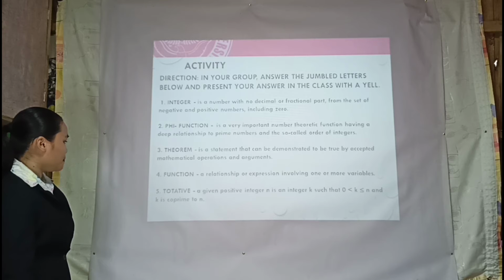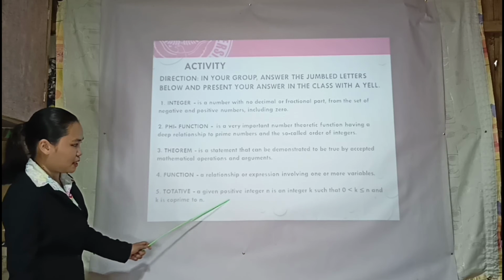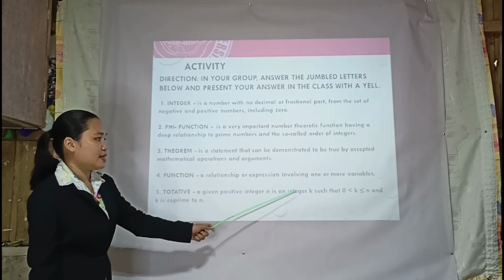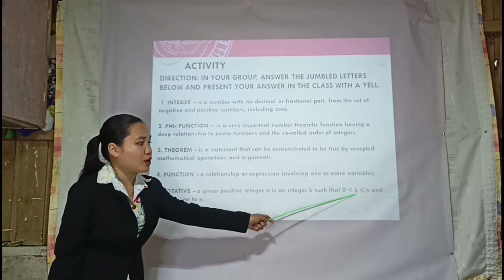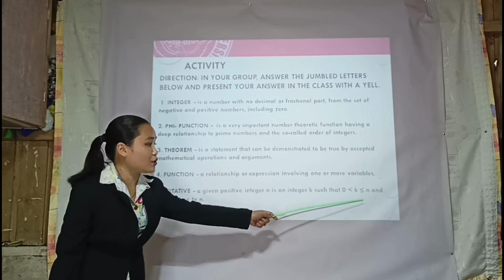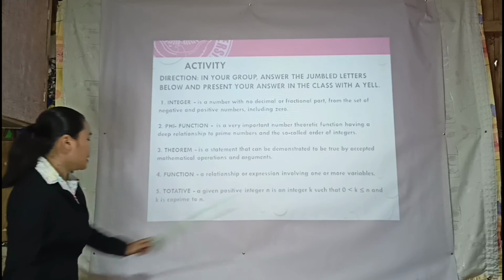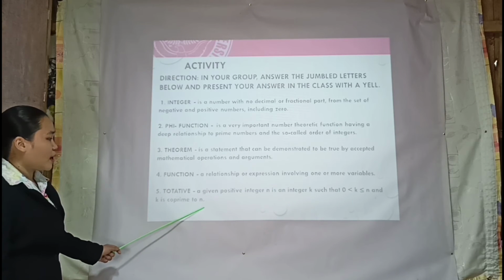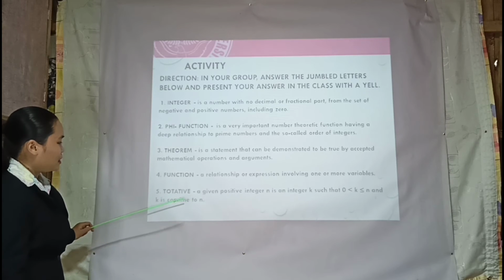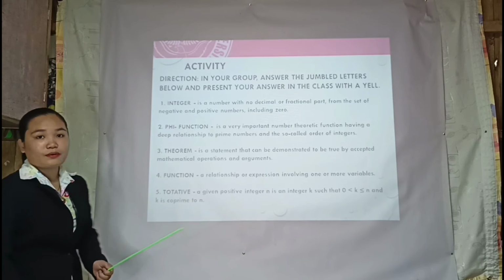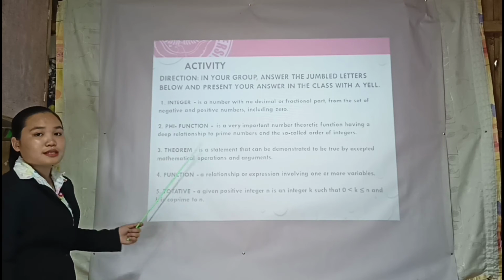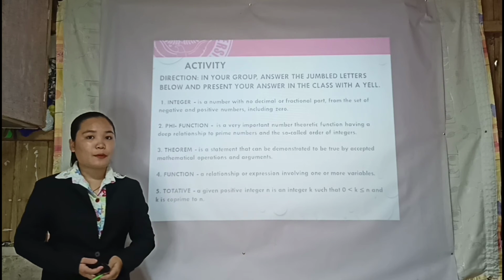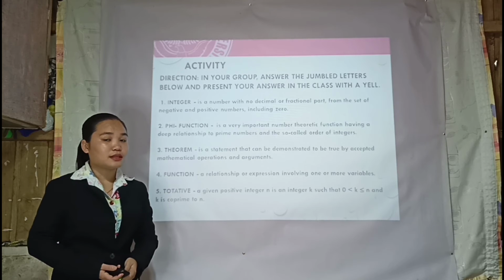And for number 5, we have a given positive integer n is an integer k such that 0 is less than k and k is less than or equal to n and k is coprime to n. So that is totative. So very good, you got the correct answer. These words are connected to our topic for today's discussion.